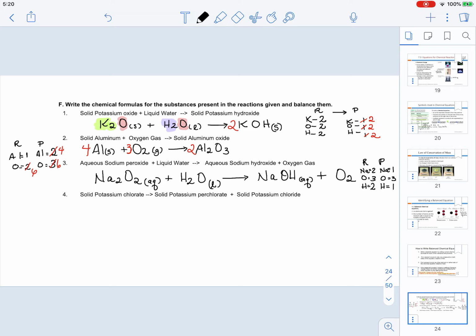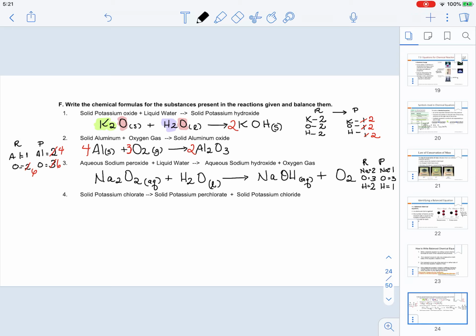So the thing is, at first it appears that our oxygens are balanced. So then we have to take into consideration what is happening at the level of our sodiums and our hydrogens. Okay. So at first I can start by saying, well, I can balance specifically the number of sodiums, for example.